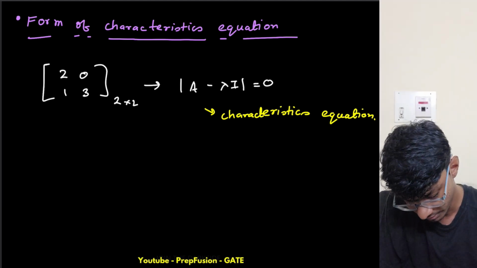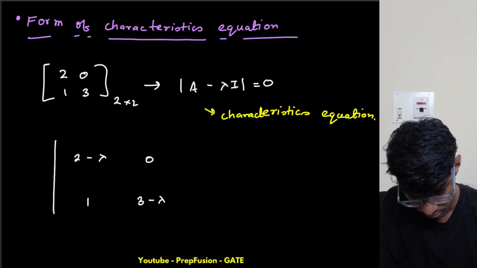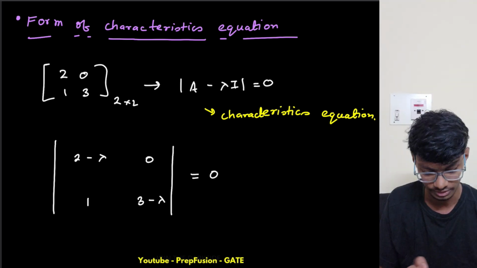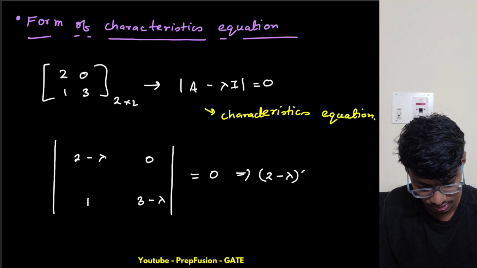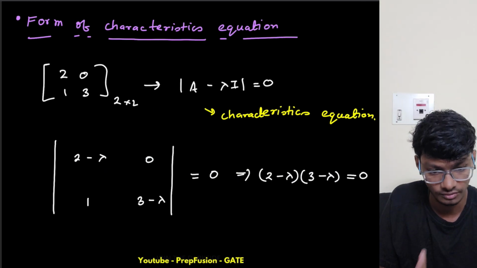So this is 2 minus lambda, 0, 1, 3 minus lambda, which equals 0. Now the equation I get is (2 minus lambda) times (3 minus lambda) equals 0. So what are the values of lambda?